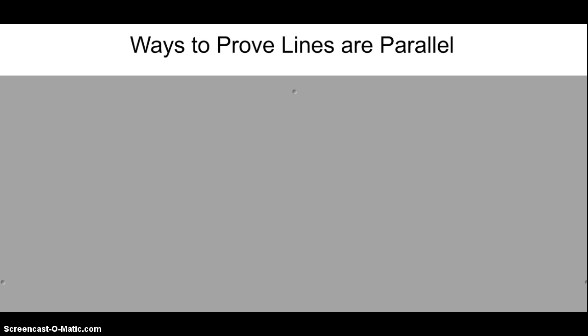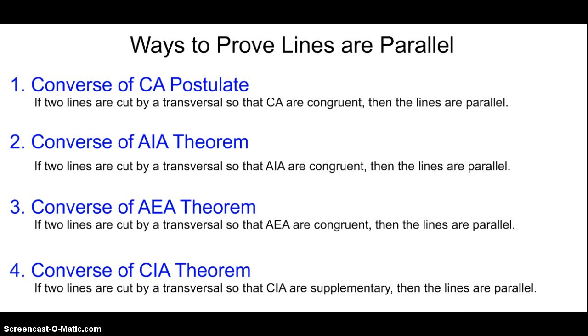This leads us to find ways that we can prove that lines are parallel. There are 4 ways to prove lines parallel, and they are the converses of those theorems and postulates that we talked about when we were finding the angle relationships. So write these in your notebooks. These are the 4 ways to prove lines parallel. They are the converses of the postulates and theorems.